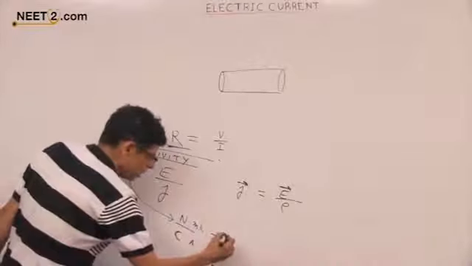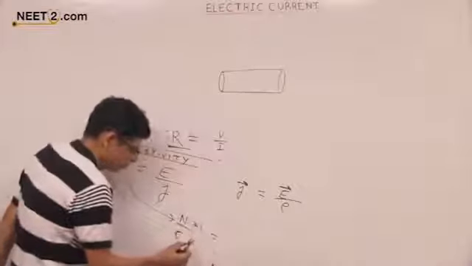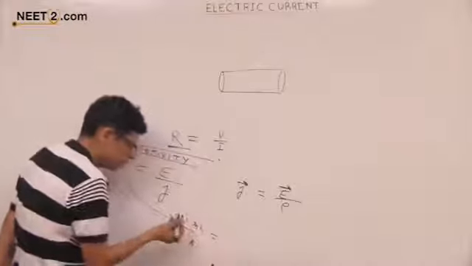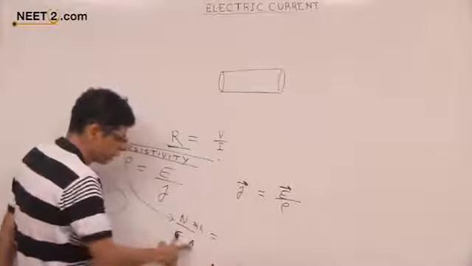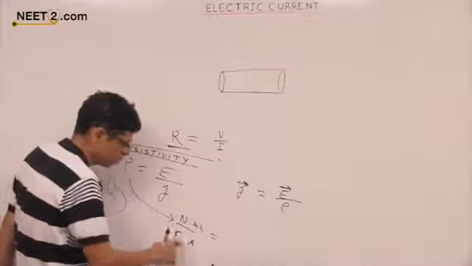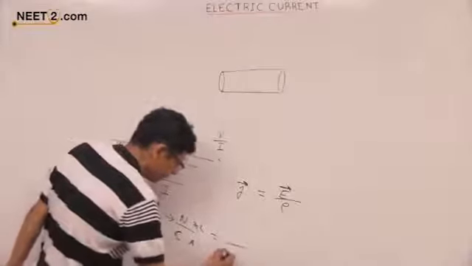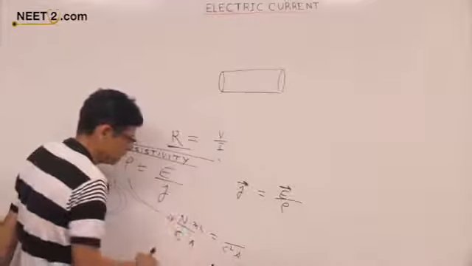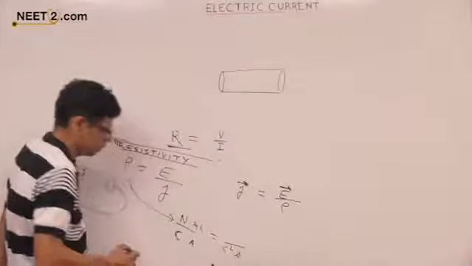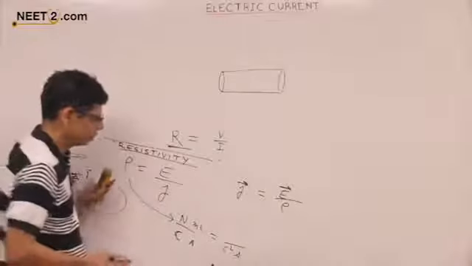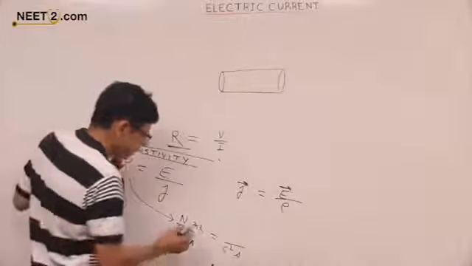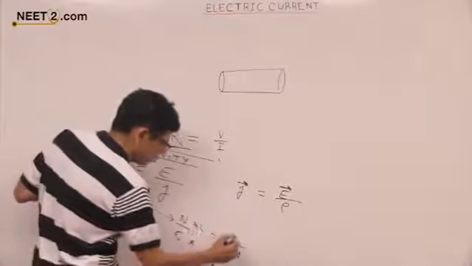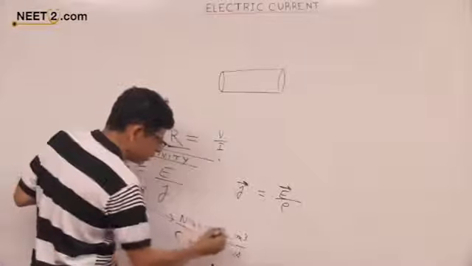Something like this is Newton, if you wish you can write it as kg meter per second square, and this is coulomb per second, so 1 per second cancels out and 1 per second stays, so you have coulomb square per second between these two, and a meter from here, and this gives you meter cube, and there is kg also from there.